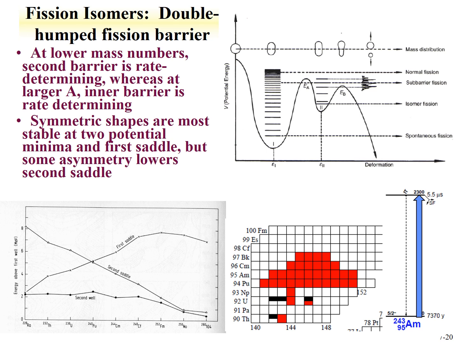What is seen is that if one evaluates the saddle points, the figure in the bottom left-hand corner shows the energy above the first well for the first saddle point, which would be this energy, and then the energy above the well for the second saddle point, which is shown here.